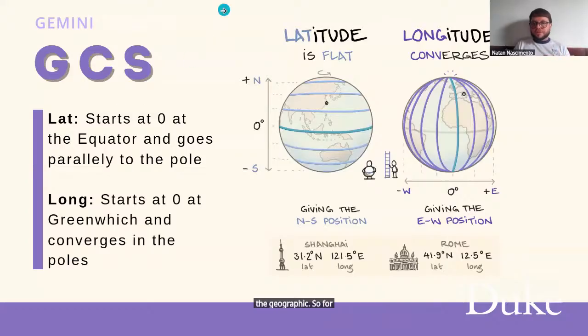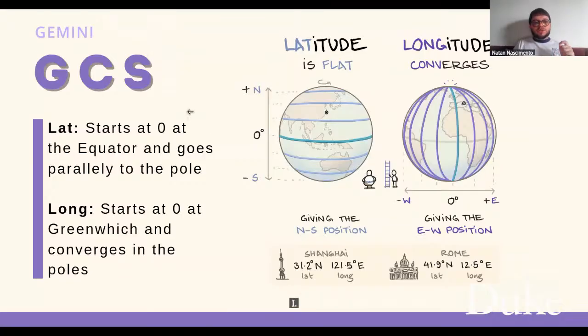So for geographic, I like to always start thinking of latitudes and then longitudes, because latitudes start at the equator and they are always flat. So think of an orange, and instead of starting from the top, you start from the middle, and you slice it parallelly from the middle.